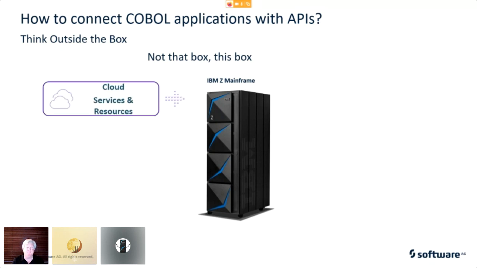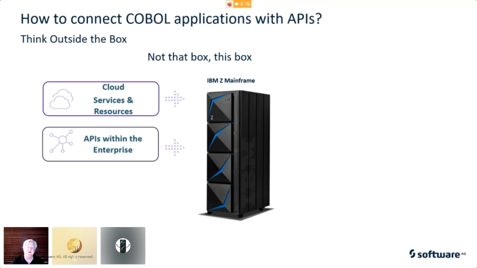There are those cloud services and resources we talked about, something as simple as email or address verification. But there's a whole host of services that are out there, GIS interfaces, lots of different things that you can interface with. There are other APIs within your enterprise.